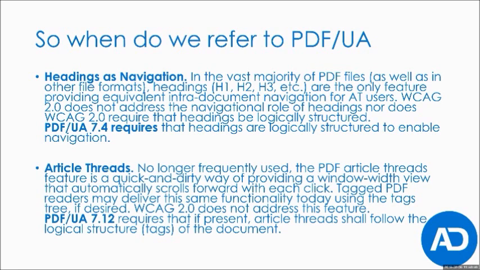And article threads. So this is a way for a user, think of a magazine article. Instead of having to go from page 1 to page 25 and read all of the content before, one of the things that PDF UA allows is for articles to actually follow the logical structure.